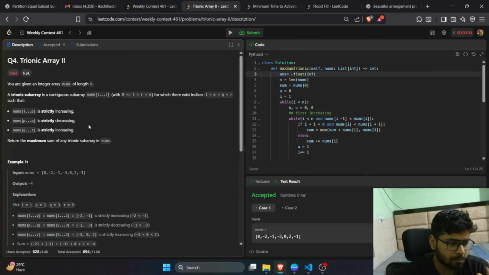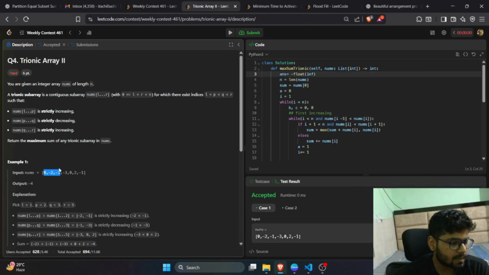And just to let you know, strictly increasing does not include duplicate values. So if 0 and -2 is strictly decreasing, and there was another -2 here also, then this subarray should not be strictly decreasing, because both values are the same.